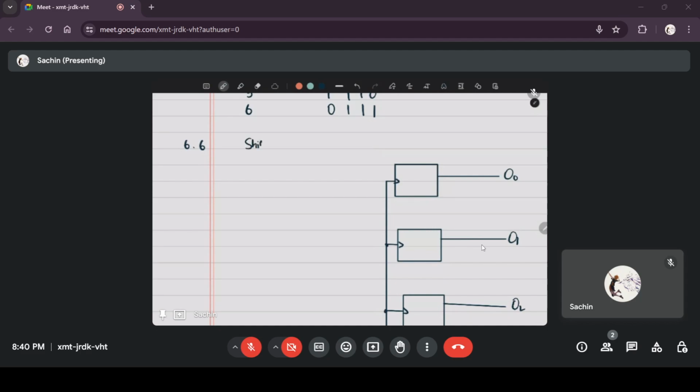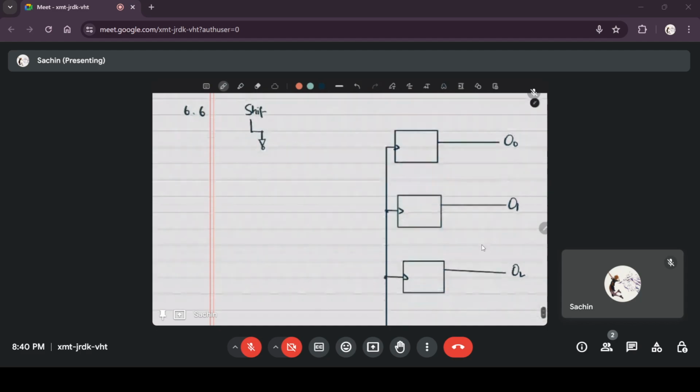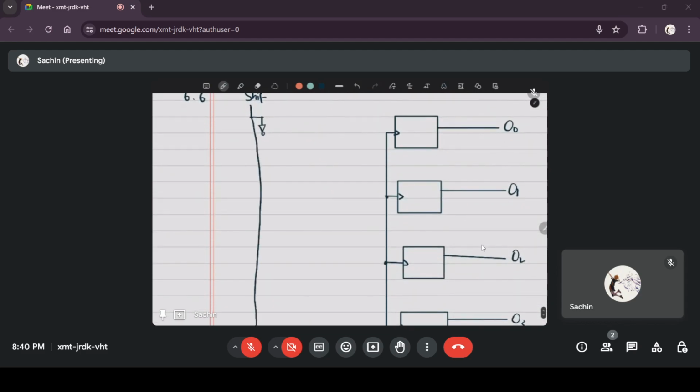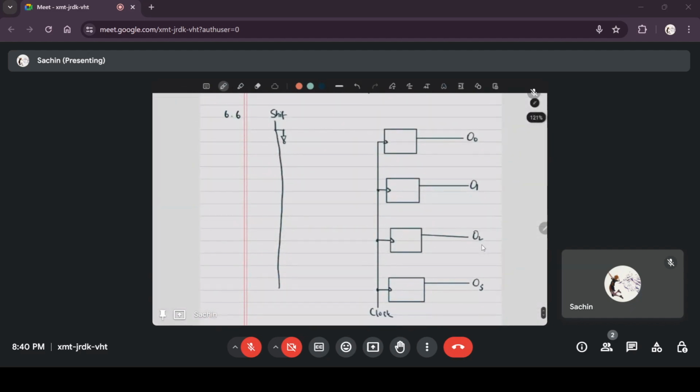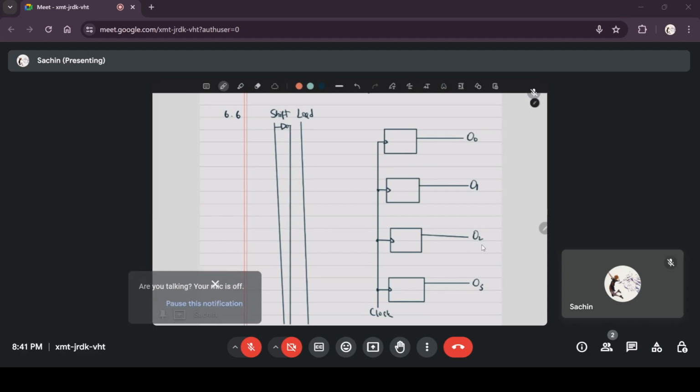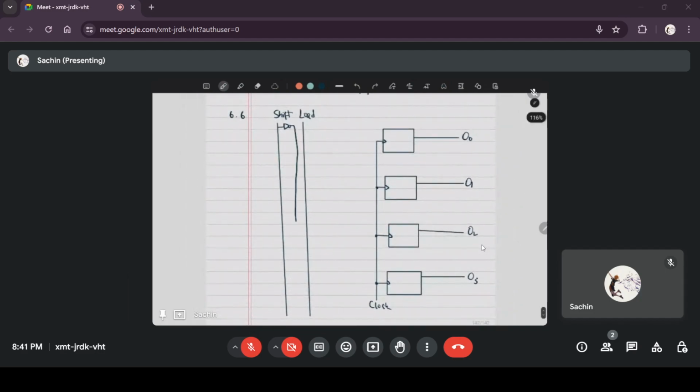So if you have shift, load, shift complemented, and the complemented form of load.